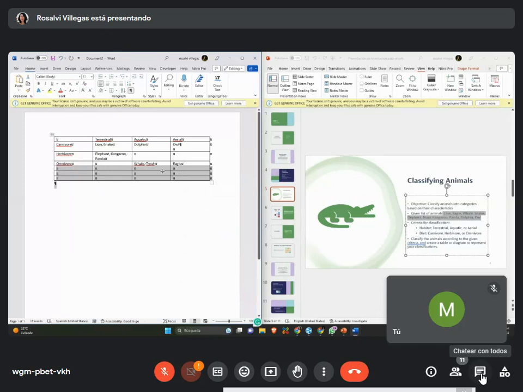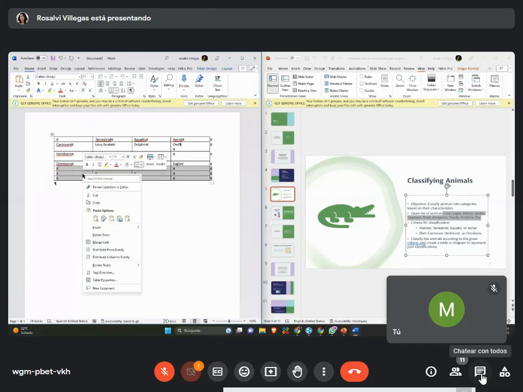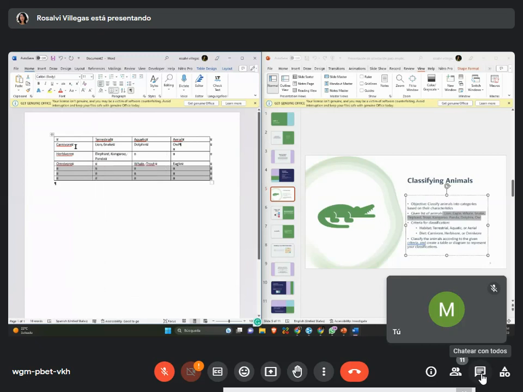Just imagine that you have to say for each one: elephant, herbivore, and terrestrial; kangaroo, herbivore, and terrestrial. It's more space, more work, and more information for the brain to comprehend. In this way, we classify all the animals, and now with an easy table we have information about each one of them.